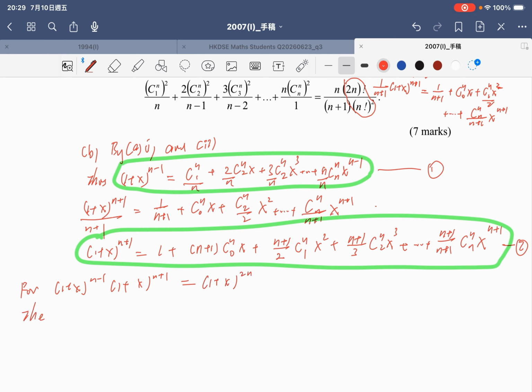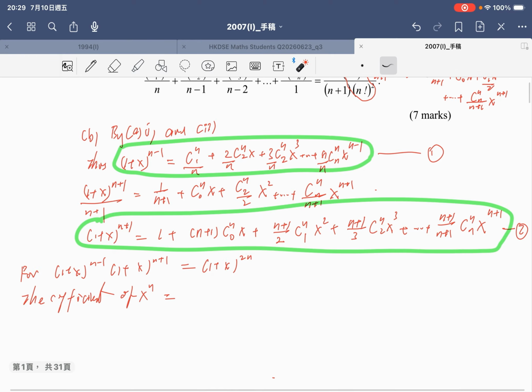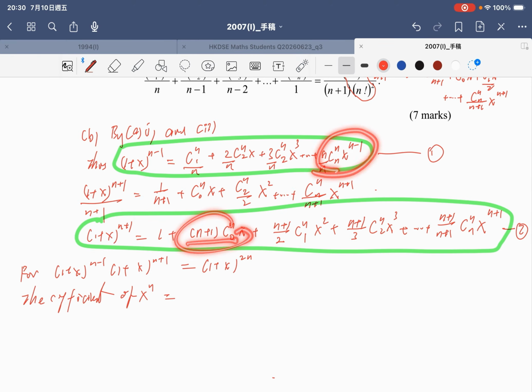For the coefficient of x to the power n, there's no combination of this constant term with this term, because the highest power here is n minus 1. For this one we multiply this term. That is the first one, (n plus 1) times nC0 times 1 over n nCn.